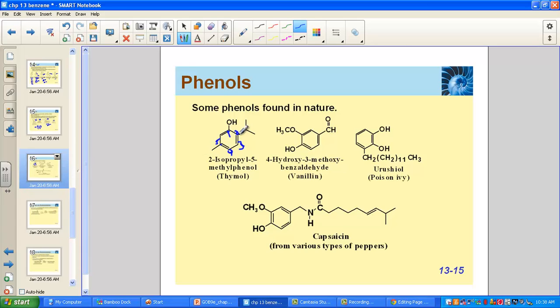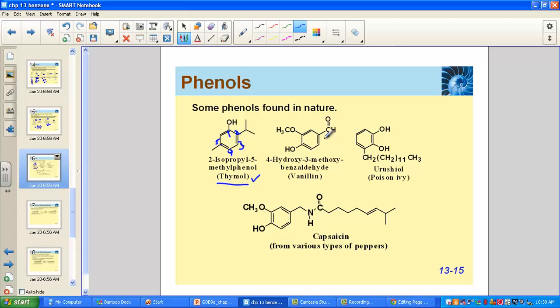We have a methyl. So we have 2-isopropyl. At carbon 5, we have the methyl phenol. The IUPAC name would name both substituent groups from the base word phenol, 2-isopropyl-5-methylphenol. But most people will say, in the world of chemistry, thymol, a common name from the IUPAC name.